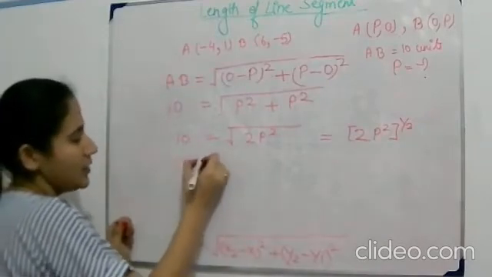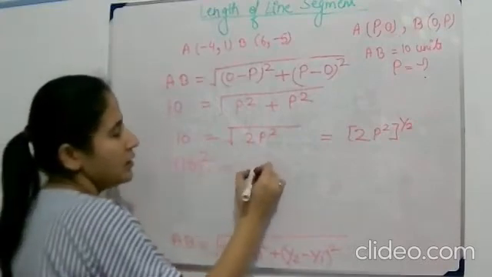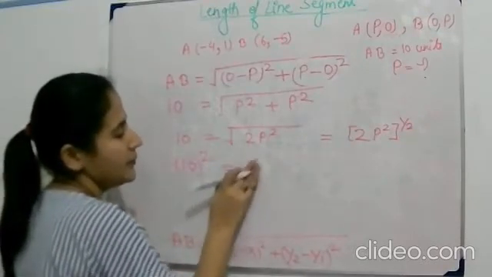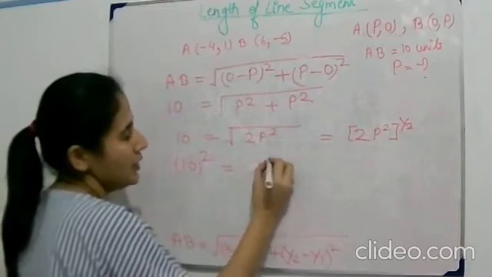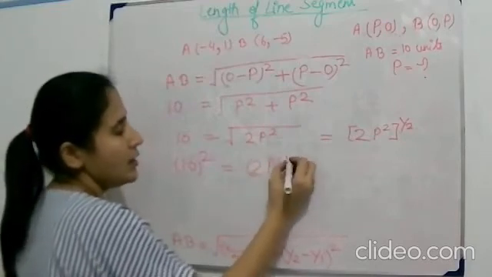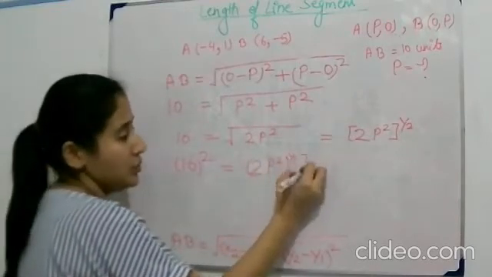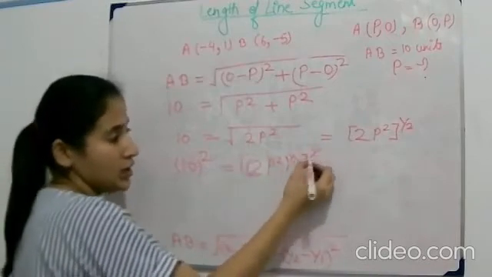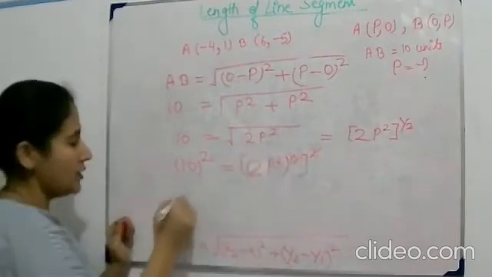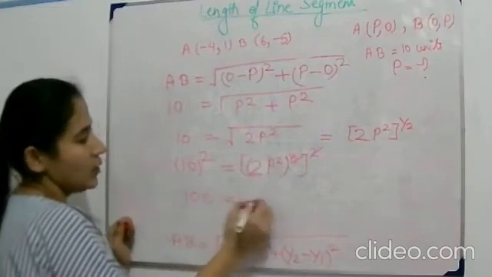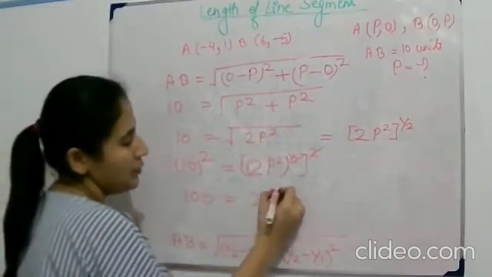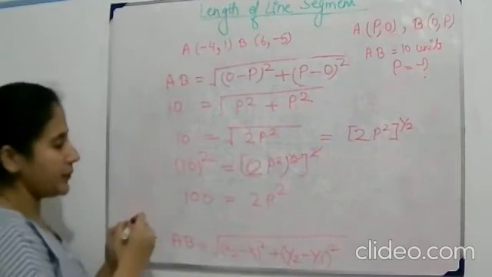Let's square both sides. 10 squared equals 2p squared, power of 1 by 2 squared of that. So this 2 and this 2 will be cancelled out. It will be 100 is equal to 2p squared.